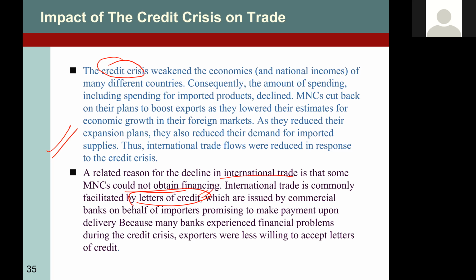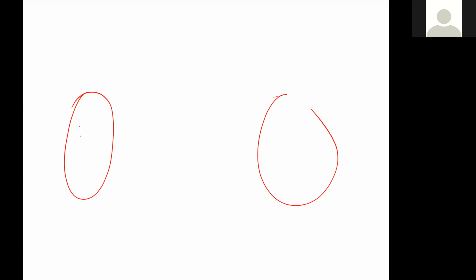So I hope you already understand this from your introduction to business or something, but I'm going to explain it here. So if the US is sending goods to China, the US is exporting.